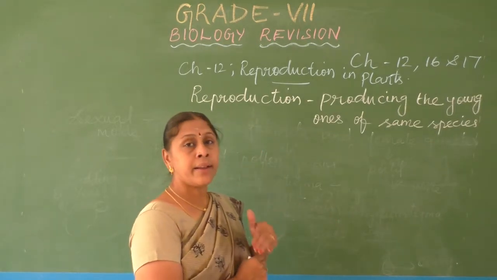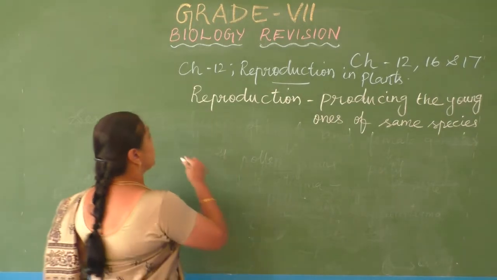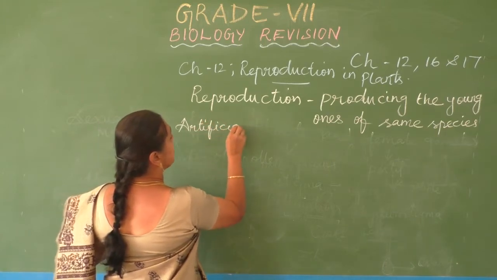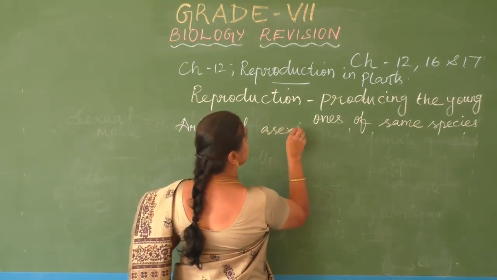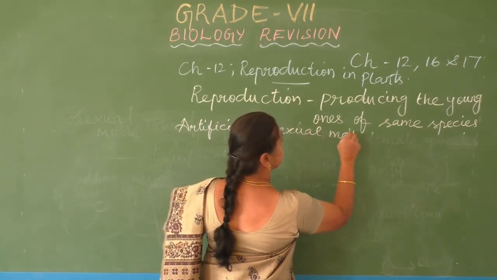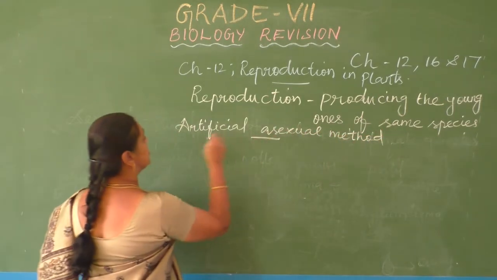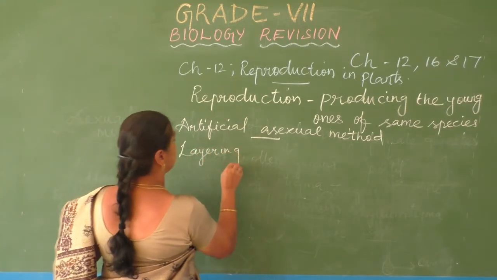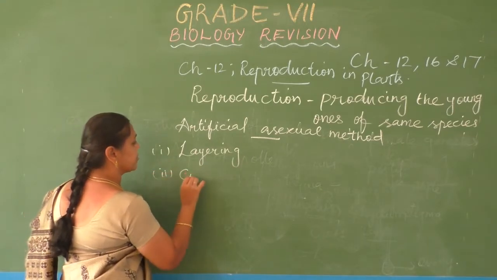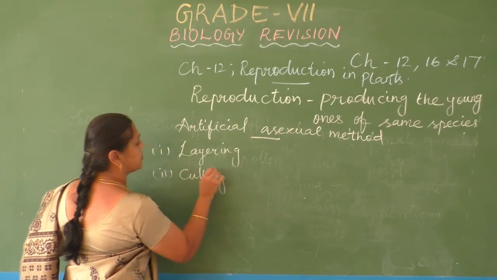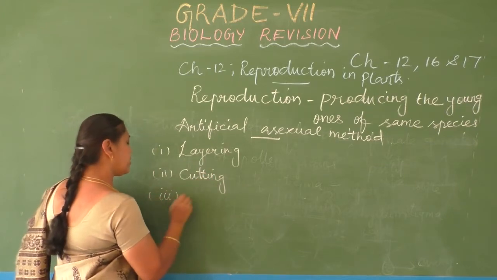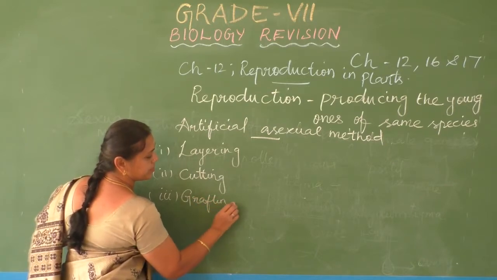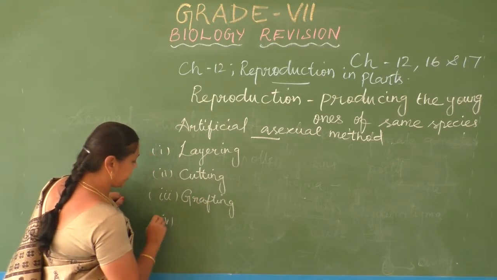Understand? In the artificial process of asexual reproduction, there is layering, then cutting, then third one grafting, next tissue culture.